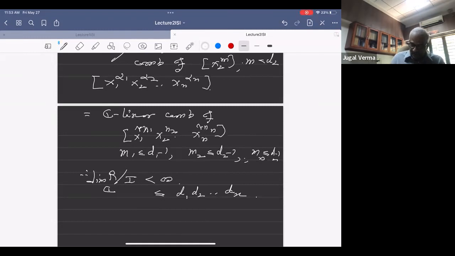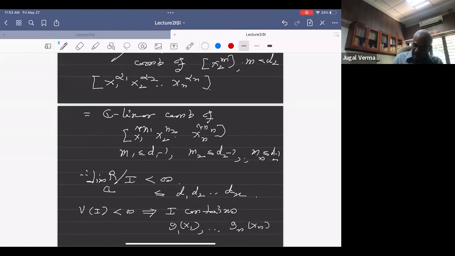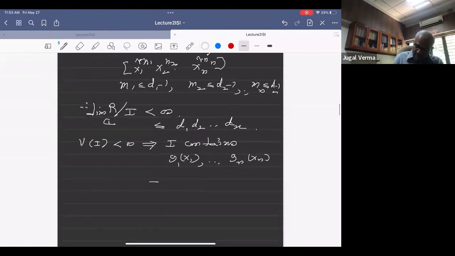So it's a finite dimensional vector space. So what we proved is that if Vi is finite, it implies I contains pure polynomials in x1, through xn, and then this implies that the dimension of R mod I as a complex vector space is finite.